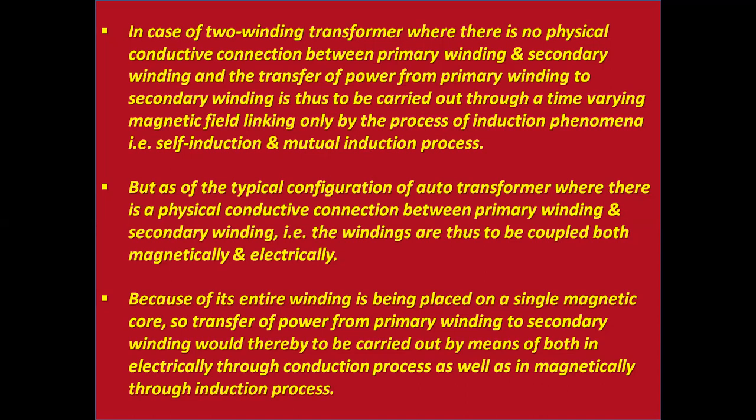Because its entire winding is placed on a single magnetic core, transfer of power from primary winding to secondary winding is carried out both electrically through the conduction process as well as magnetically through the induction process.